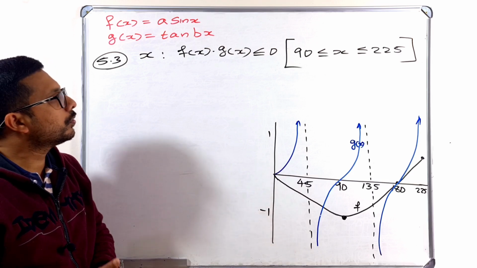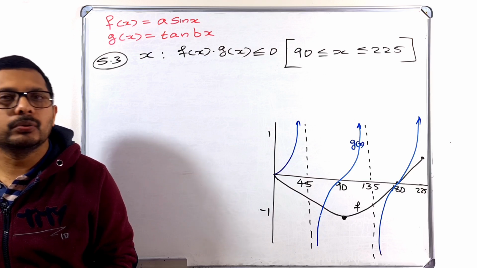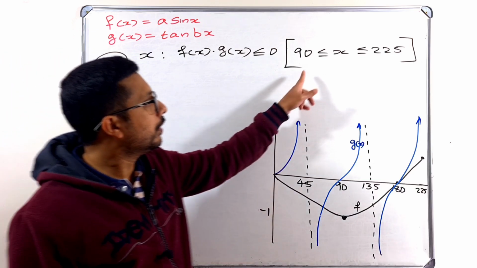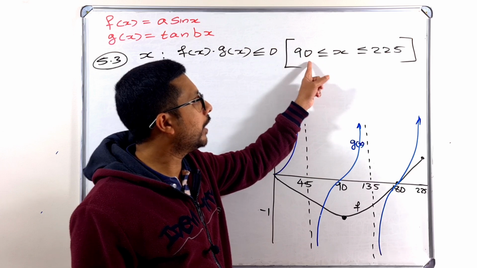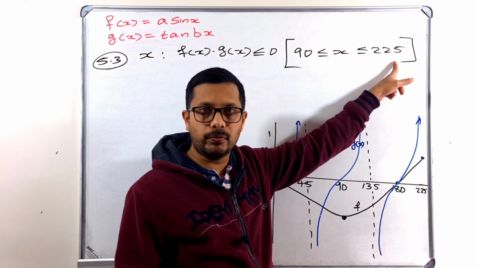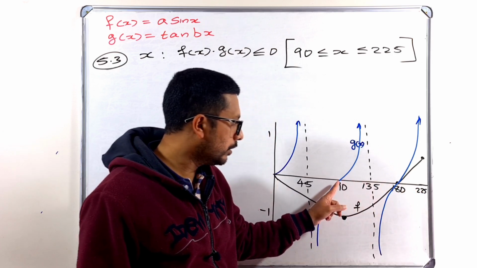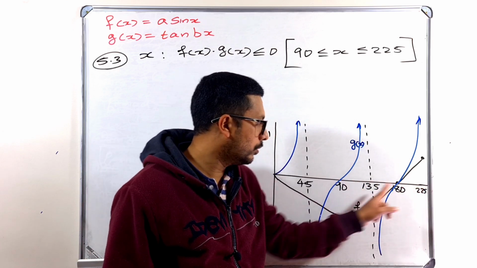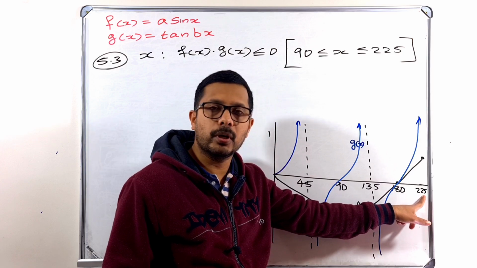Before you find that, you have to understand one thing. You want to find between the interval 90 to 225, so between these two. This is the x value 90, and this is the x value 225.